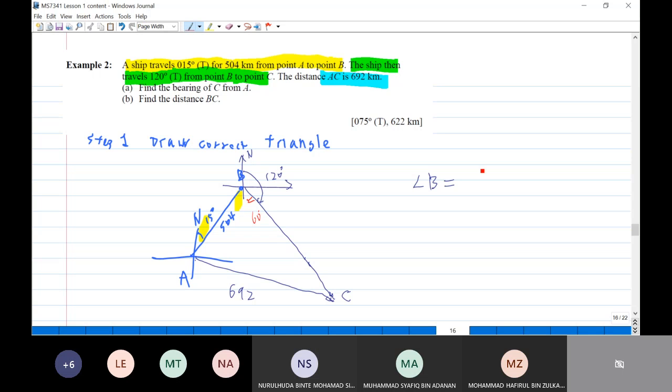So this is how to find angle B. First of all, it's 15 degrees. Then 180 minus 120, because angle of straight line is 180 degrees. So it gives you 60 degrees. Okay, so 15 plus 60, 75 degrees. So angle B is 75 degrees.